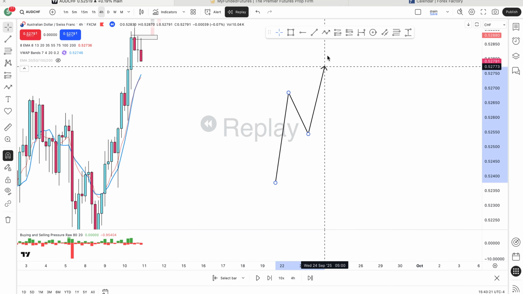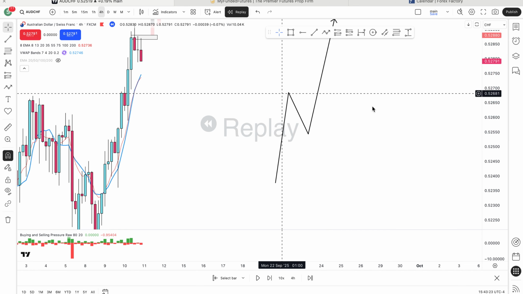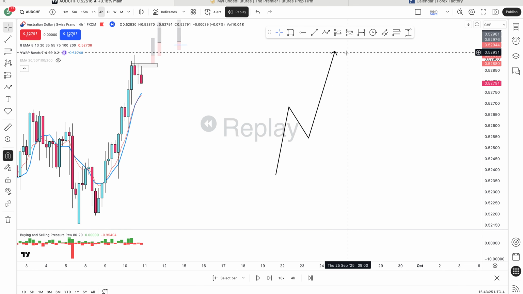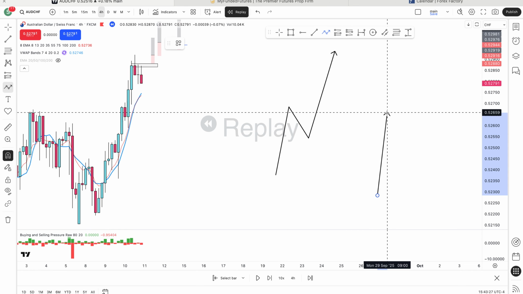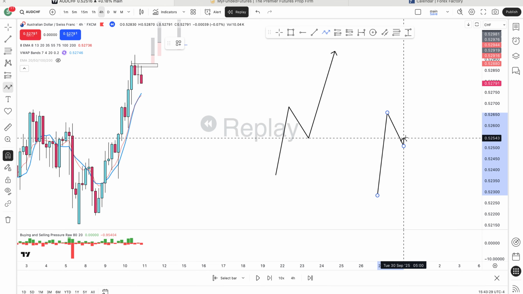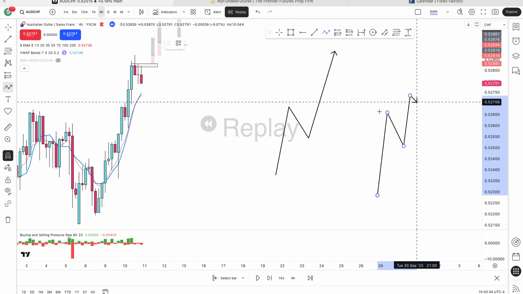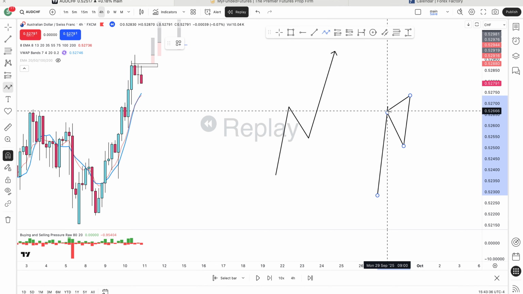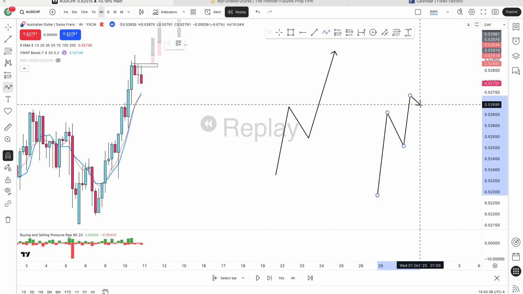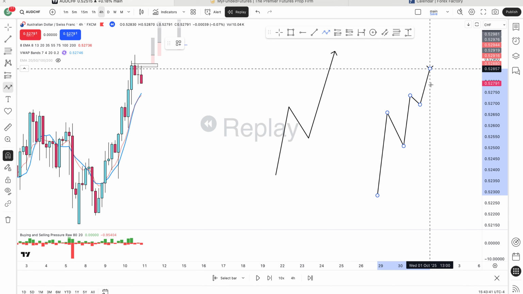Sometimes we have big long runs up above swing highs. I should have said this from the beginning. We're looking for the swing low to be formed and then trade into the new high, and we are also looking to trade above the previous swing high for continuations like that.